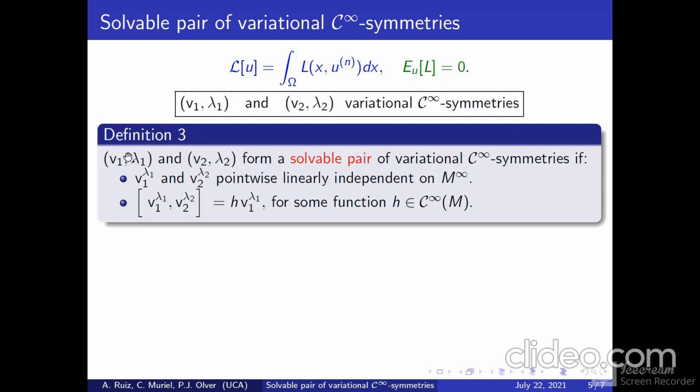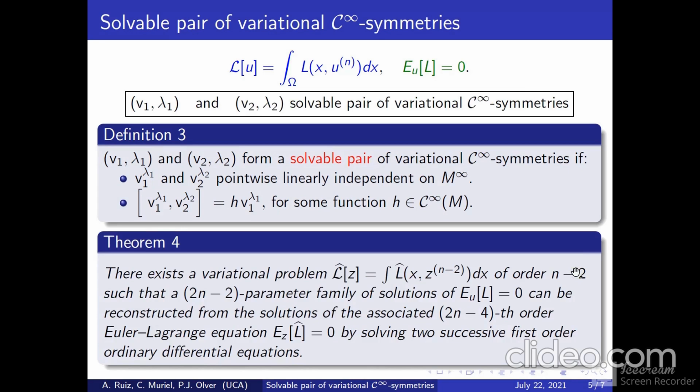So we say that these two variational C-infinity symmetries form a solvable pair if the corresponding lambda prolongation of the vector fields V1 and V2 are pointwise linearly independent on the corresponding jet space of infinite order, and also the corresponding infinite lambda prolongation satisfy this commutator relation, which means that these lambda prolonged vector fields satisfy a solvable condition, where the function h can depend on x and u.